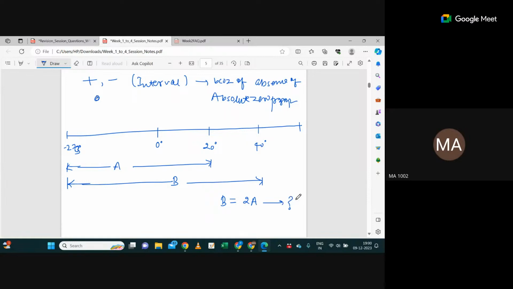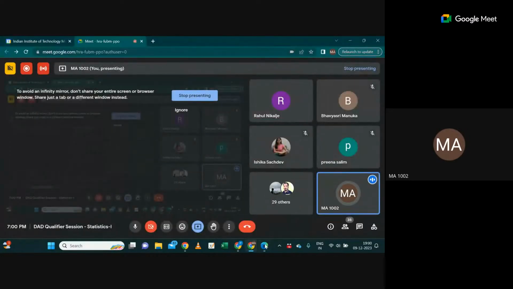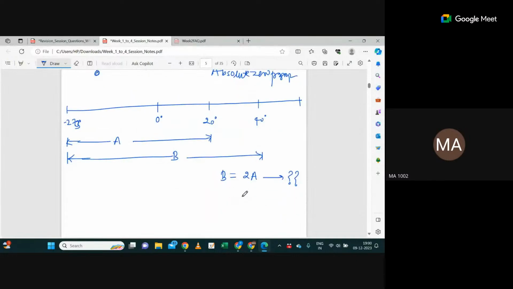Can I say this? Yes or no? Please feel free to say, otherwise I'm not able to tell whether you are getting the concept or not. No, B is not 2 times of A. Why? Because of this 0.